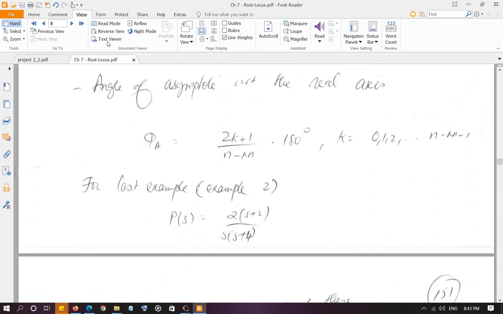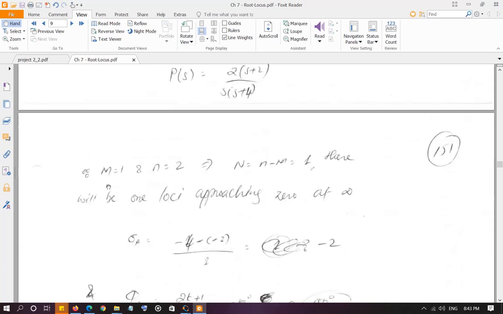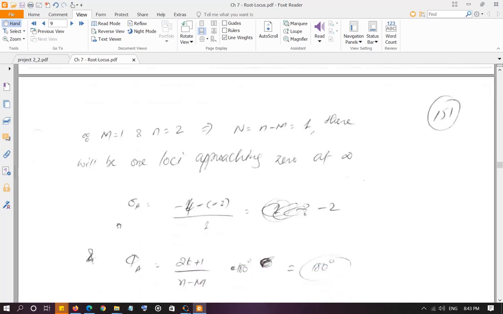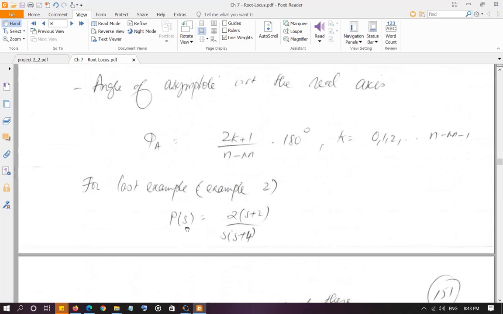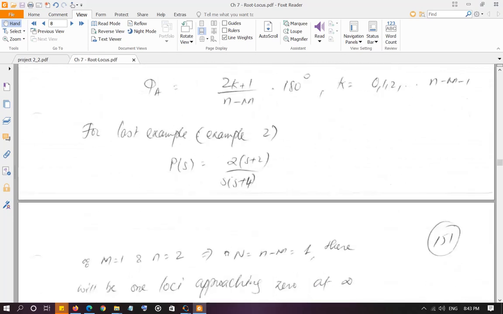So if we look at the last example, where 1 plus K P(s), P(s) was (2s plus 2) over s(s plus 4), we have 1 zero and 2 poles, so n minus m is 1. Hence the centroid is going to be negative 4, that is the sum of all the poles.